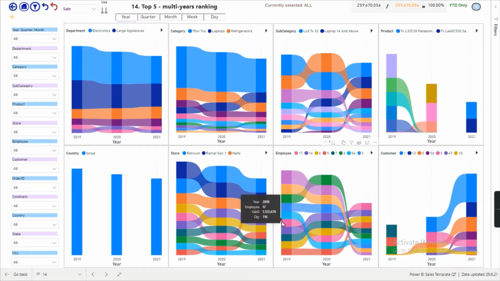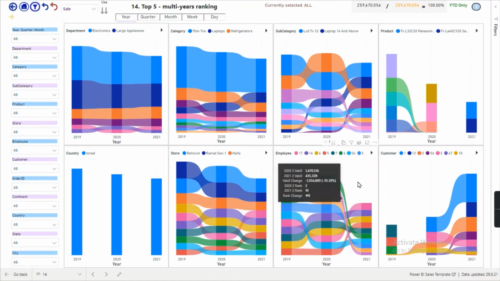The 5th also. Somebody is going up. Yeah, this one. Employee number 14 is going up to 2nd place. Nice. And this one to 1st place. Up. And this one to 3rd and 4th place. So we have the fluctuation between employees.